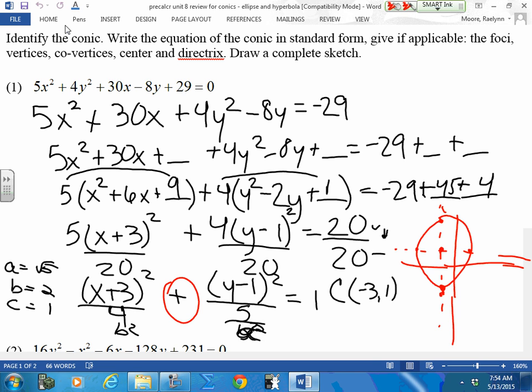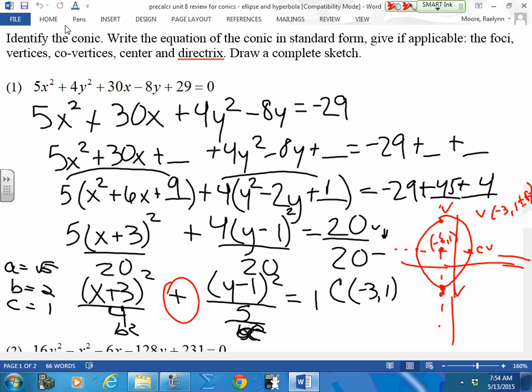Okay, your vertices are here. Put your center here. It makes life a little easier. Because it's a radical 5, all you have to do for your vertices is -3, 1 plus or minus radical 5. There's nothing else we could resolve with that. Your co-vertices, on the other hand, you're moving 2.